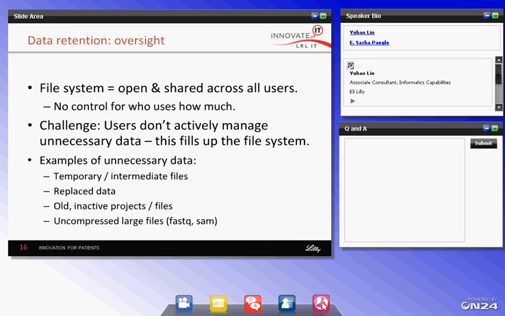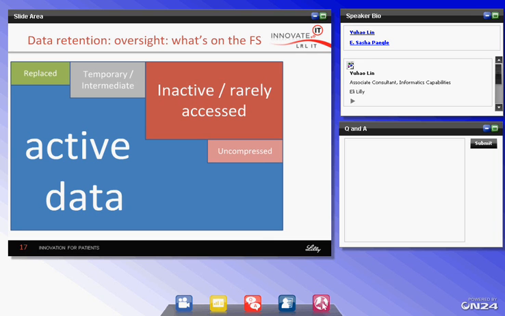We have potentially a lot of old and inactive data lying around. That takes a big chunk of the file system. And also, if we have large text files that are uncompressed. Okay, so those are some of the examples of unnecessary data that you're seeing. And that's what makes up the 30 to 40% of the unnecessary data that you see on this chart again.